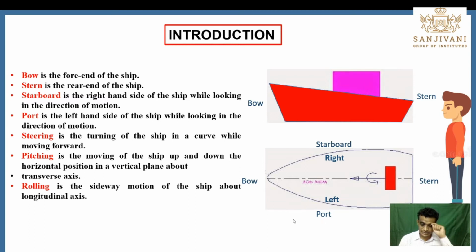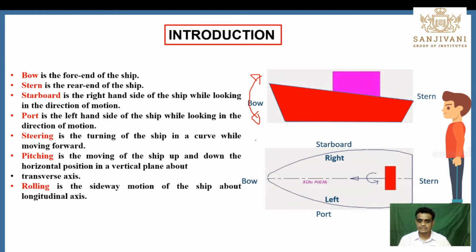Again, in this case there are three actions that take place. When the ship takes a turn, it is called steering. When the ship moves in the upward and downward direction, I'll just show you this movement, it is called pitching. The ship rotates like this because of tidal waves, and its orientation gets changed about this axis, which is perpendicular to this.